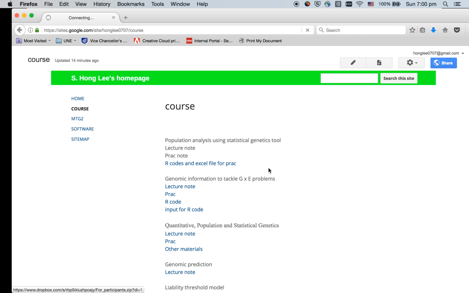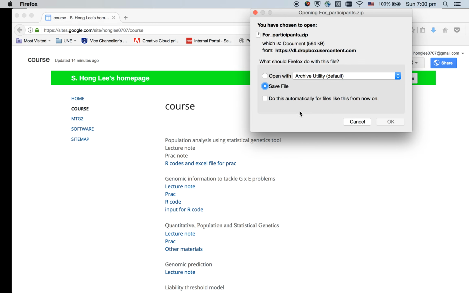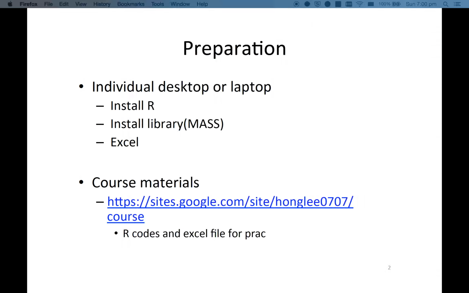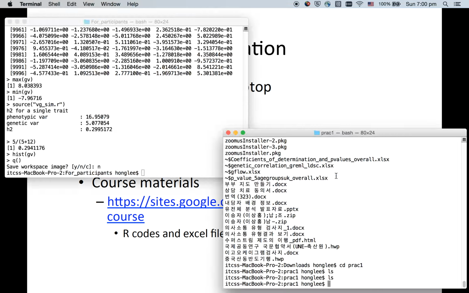Then you can click, and the materials can be downloaded to your machine. So I already downloaded it, and I will show where it is.